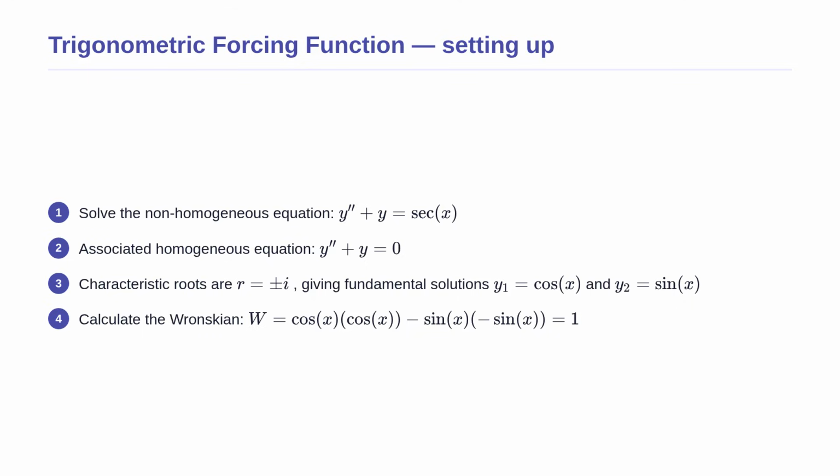The characteristic equation gives us imaginary roots, which correspond to the cosine and sine functions. These are our fundamental solutions. Next, we calculate the Wronskian by taking the determinant of these functions and their derivatives. Thanks to a fundamental trigonometric identity, the Wronskian simplifies beautifully to exactly 1.